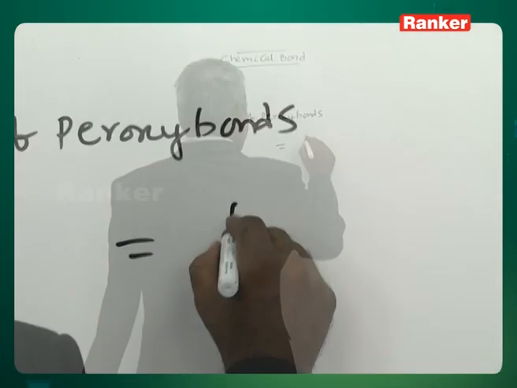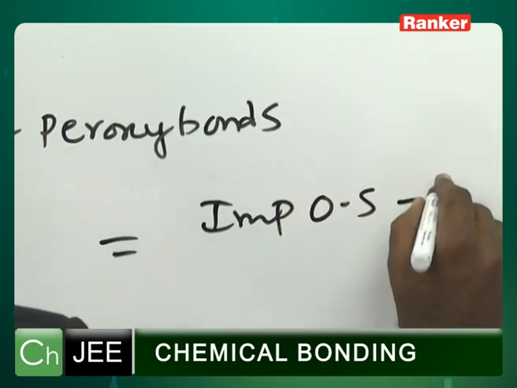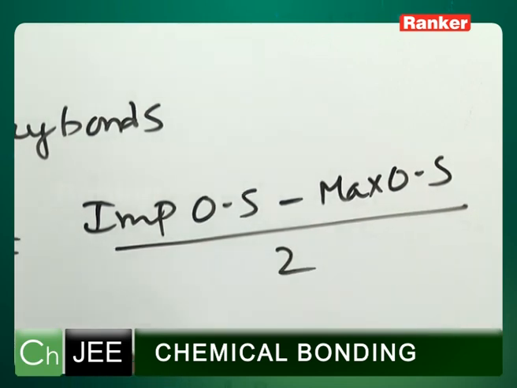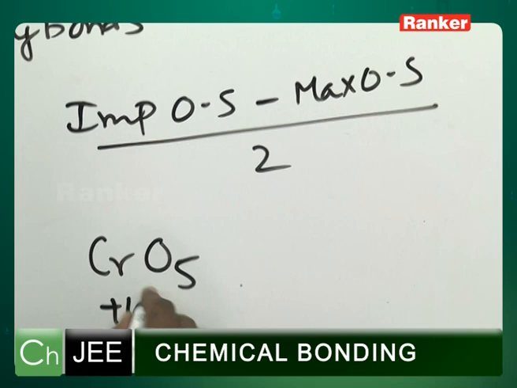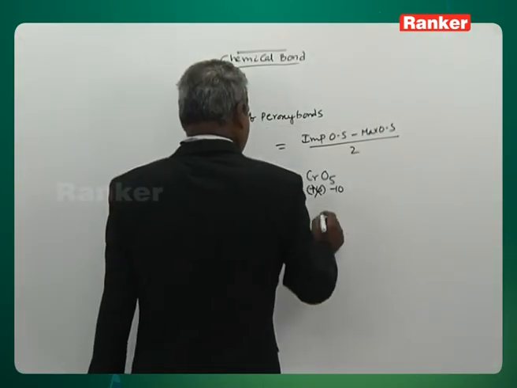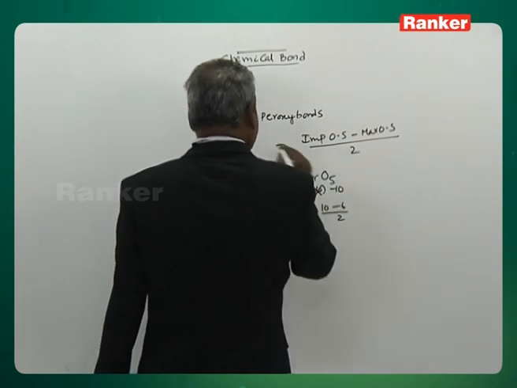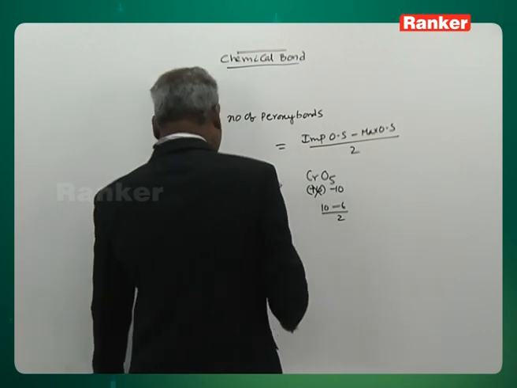So, the impossible oxidation state, whatever impossible you got, minus the maximum oxidation state, by 2. That is CrO5: plus 10 minus 10. This is impossible. 10. Maximum is 6. 10 minus 6 by 2. There are 2 peroxy bonds. That way you have got 2 oxygen single bonds.